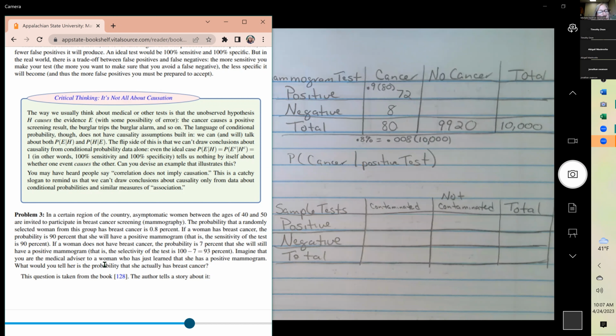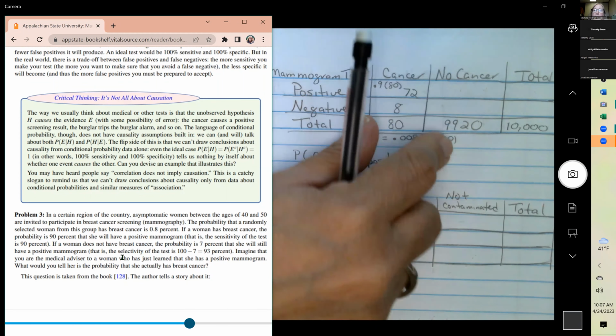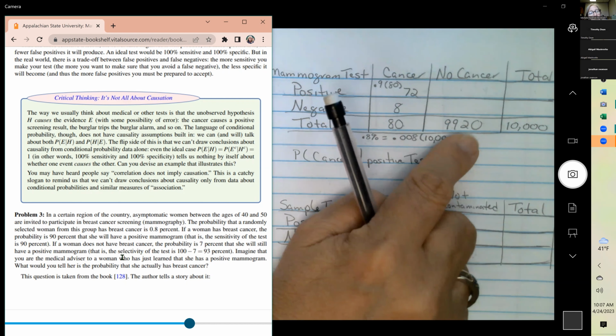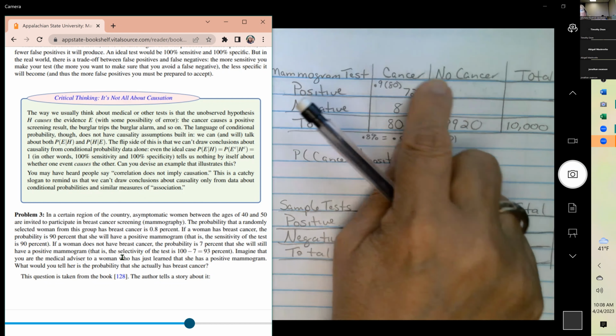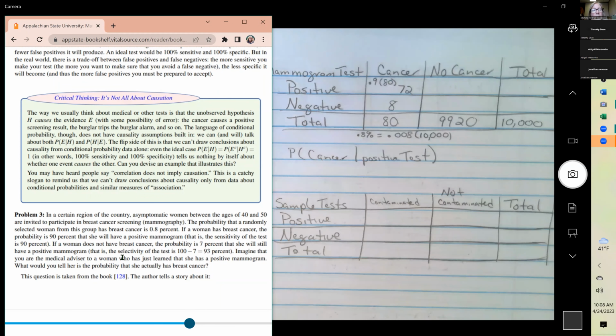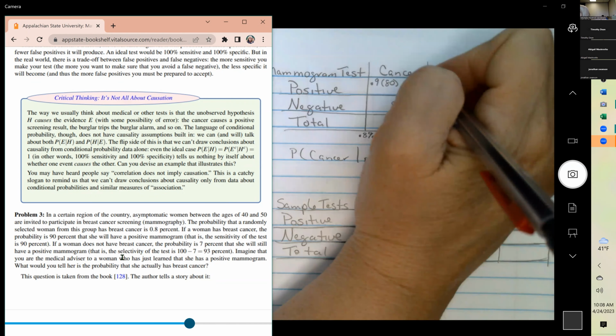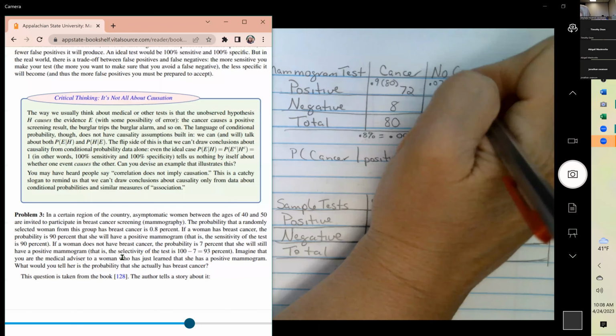Let's look at the next one. If a woman does not have breast cancer, so if they don't, we're talking about this column, we're only talking about the 9,920. The probability is 7% that she will still have a positive mammogram. So 7% will still test positive. 7% as a decimal, 0.07 times the 9,920.